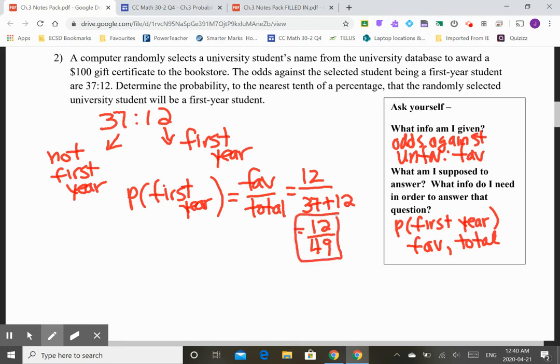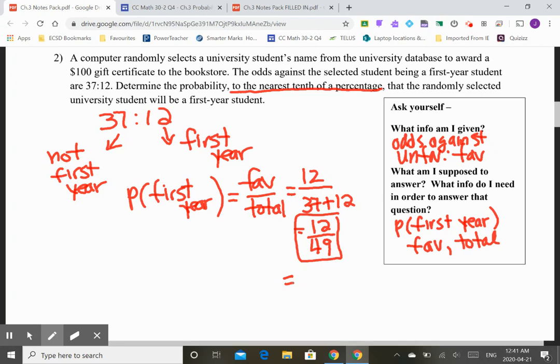Now let's go back and read carefully. This probability we want written to the nearest tenth of a percentage. So what we're going to do is take that fraction, 12 out of 49, and convert it to a decimal on our calculators by going 12 divided by 49.